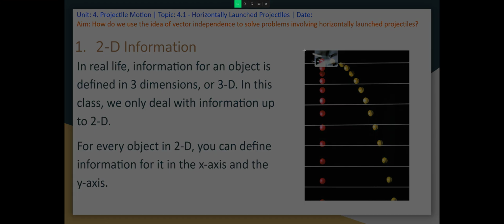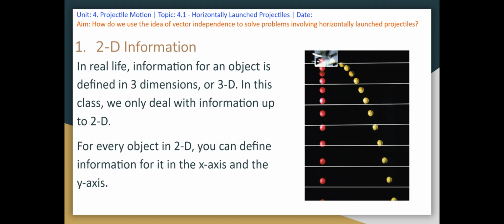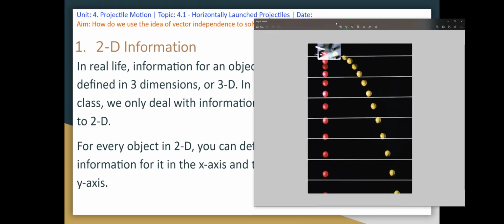So the world right now, it's 3D, right? There are 3 dimensions in our world. In math class you should have learned that there's an x-axis, a y-axis, and then a z-axis.